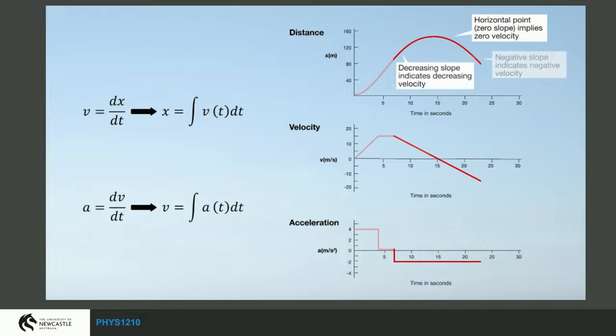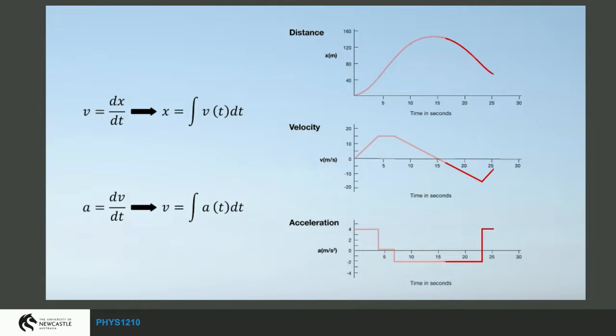The negative slope for displacement beyond 15 seconds means that there is a negative velocity, and a negative velocity slope implies there is a negative acceleration. As the slope flattens, the velocity becomes less negative and you get a positive acceleration. When the object has a zero slope for displacement over time, this implies the object is at rest and both the velocity and acceleration over this time are also zero.